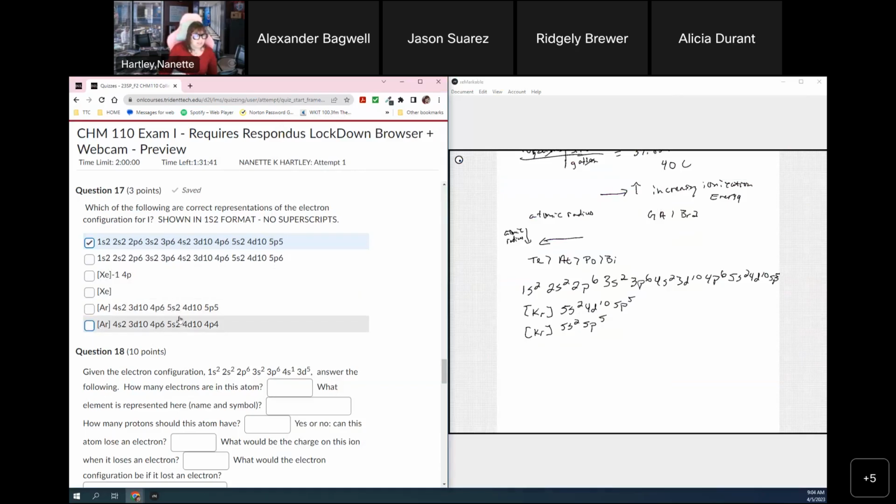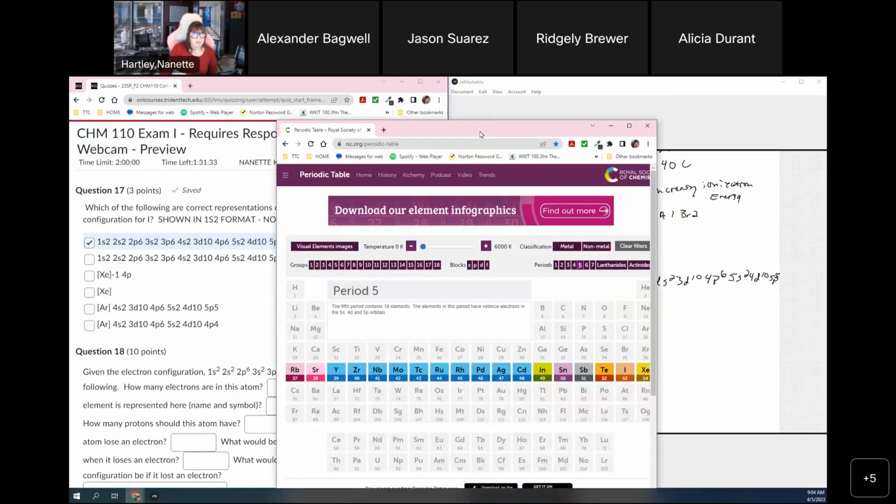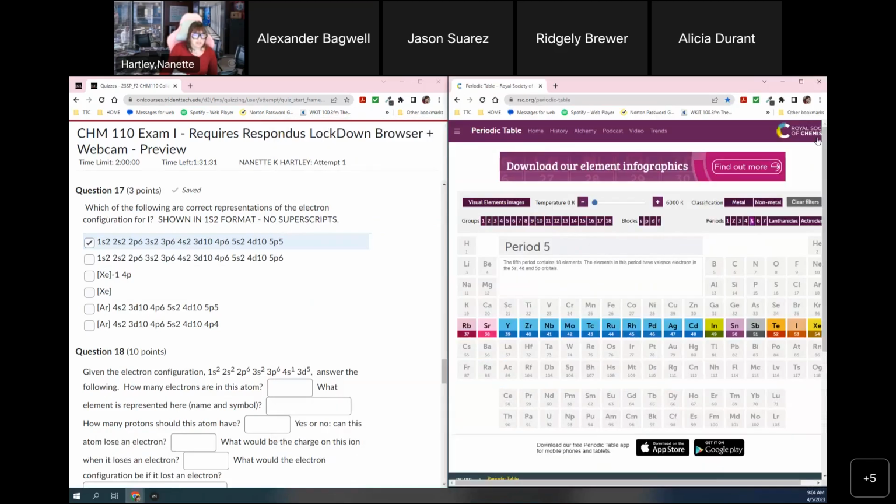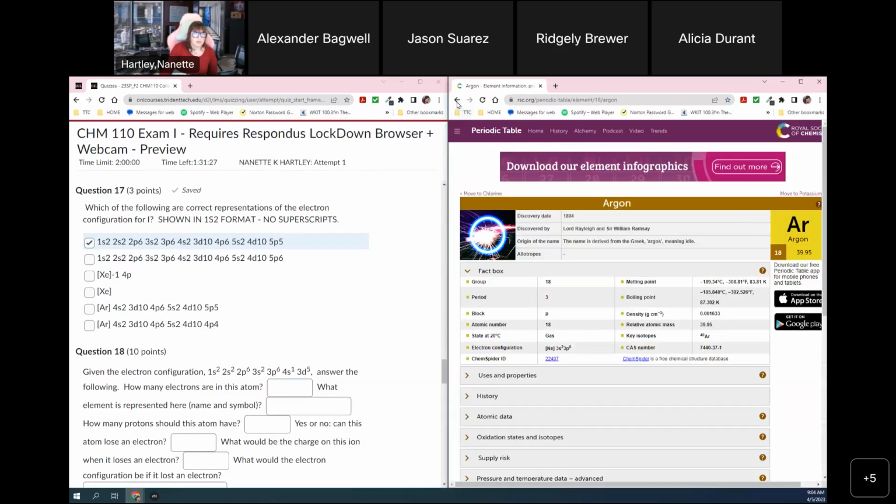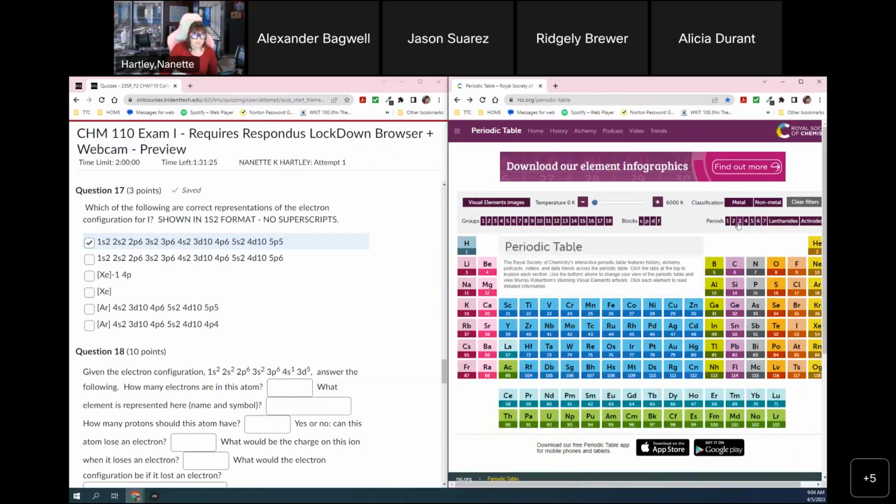Now looking at these next two, I look at that and go, okay, neither one of them is normal, but that doesn't necessarily mean anything. So I asked myself, do either of these make sense in terms of what we're talking about? Now argon is in row 3.